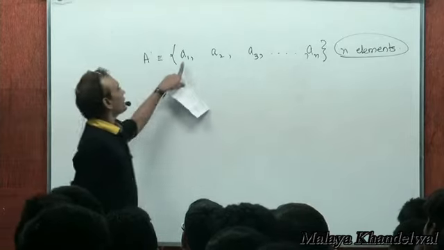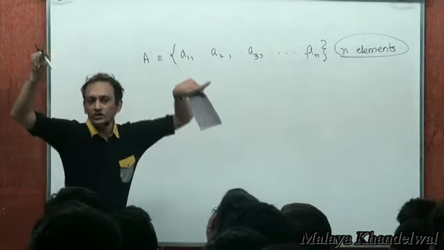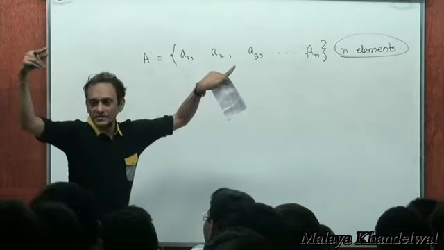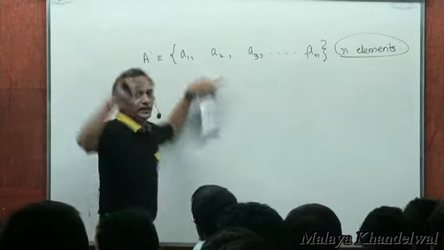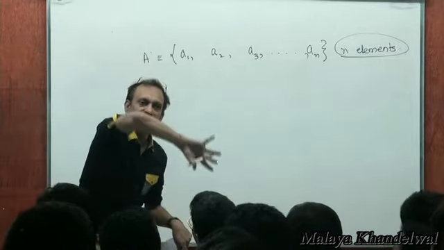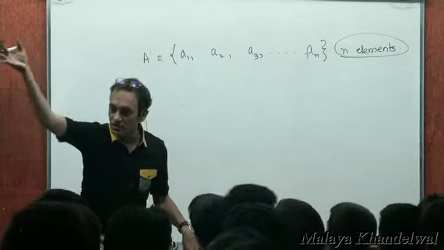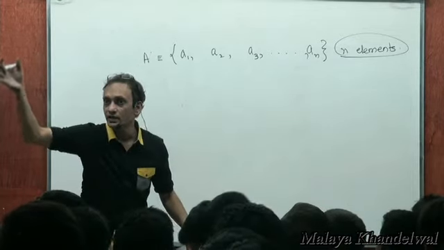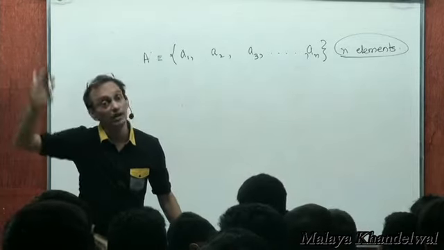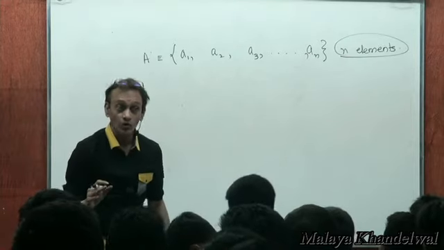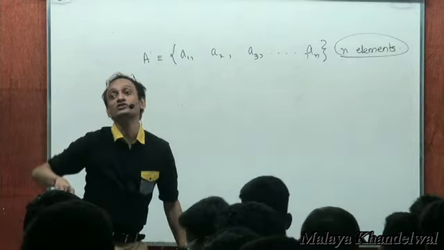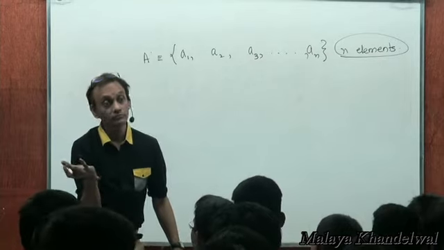For example, A1 is a subset, A2 is a subset, A3 is a subset, An is a subset, {A1, A2} is a subset, {A2, A3} is a subset, {A4, A5} is a subset, {A1, A2, A3} is a subset, {An-1, An-2} is a subset, and so on and so forth. Or no element is also a subset, that's a null set.